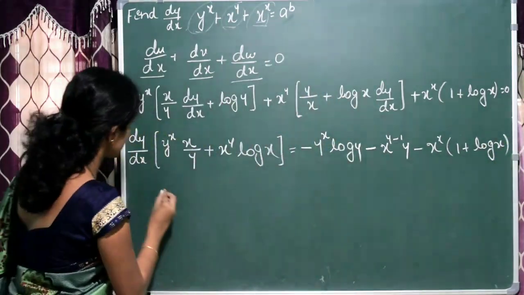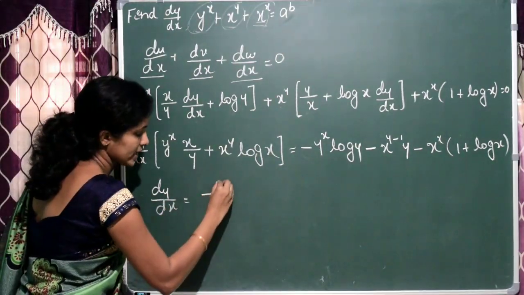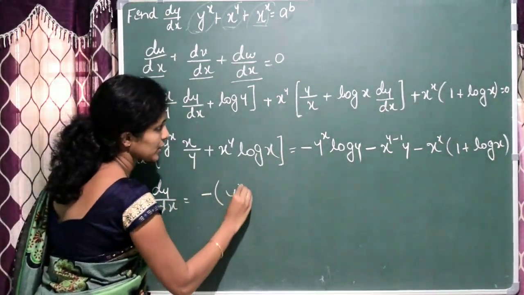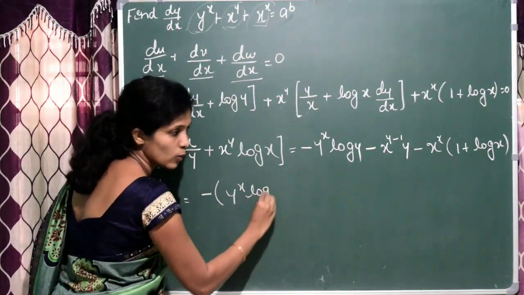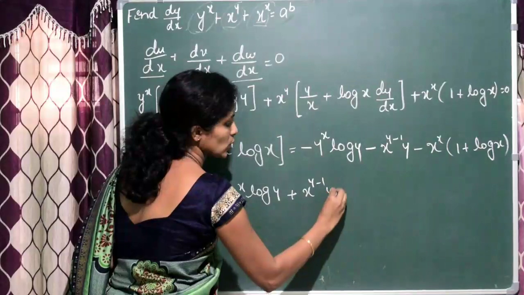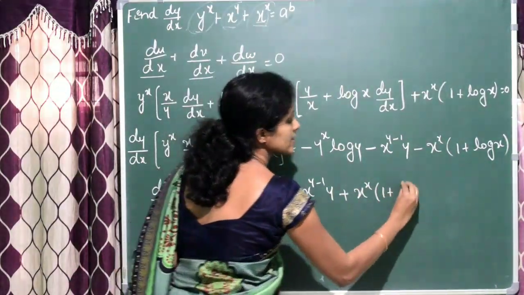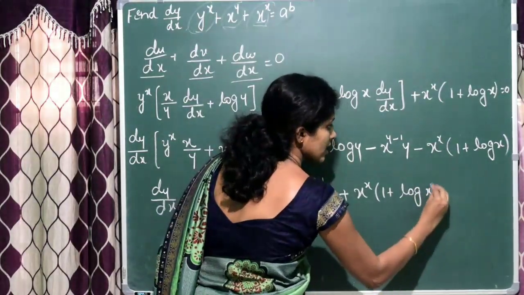So finally the answer is dy by dx is equal to, I can take minus common, so remaining with y to the power x into log y, plus x to the power y minus 1 into y, plus x to the power x into 1 plus log x. Is it clear?